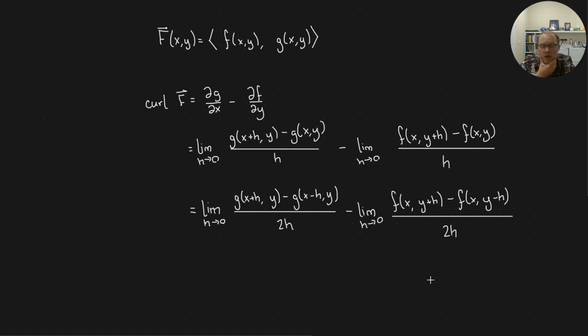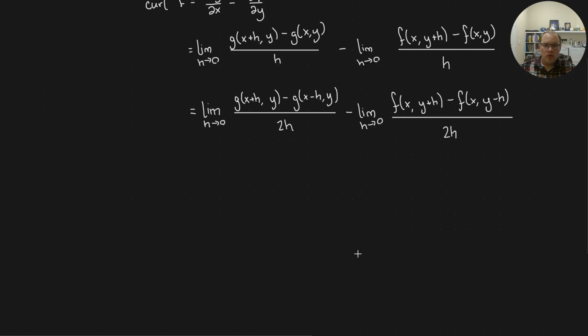Okay. So we're going to approach this in the same way we did last time. We want to think about how this is acting about some point x, y, and we want to think of what happens when h is close to 0, perhaps, but not 0.